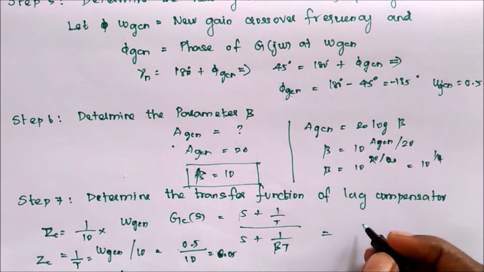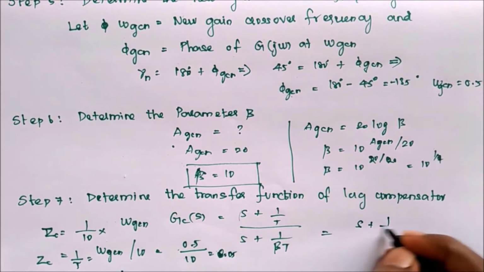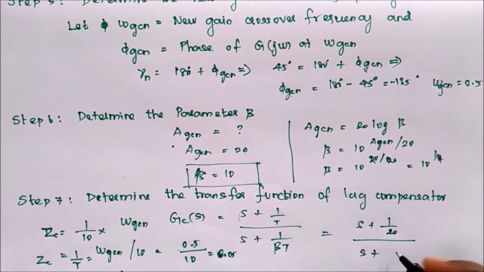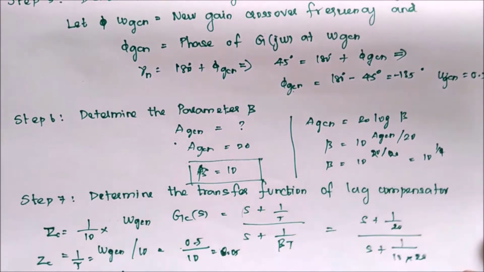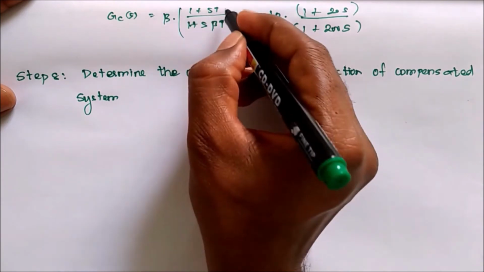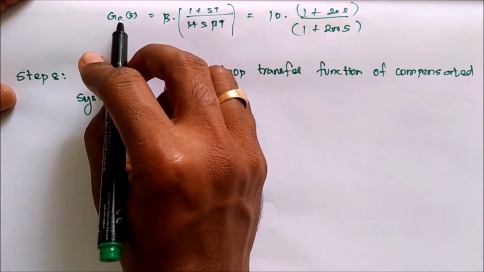Now we substitute: S plus 1 by 20 divided by S plus 1 by beta T, where beta equals 10, so 1 by 10 into 20. This is the transfer function of the lag compensator.